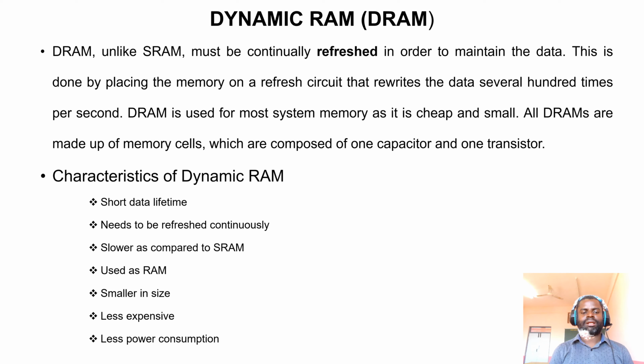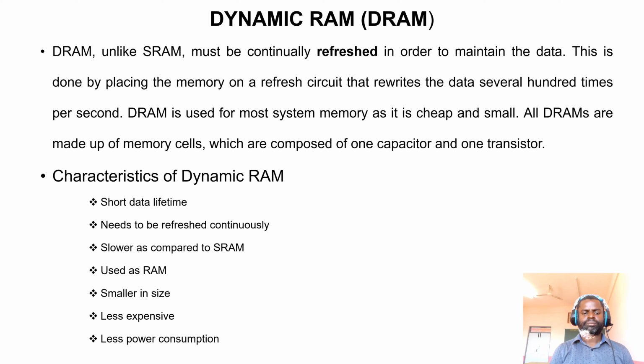So below are the features of dynamic RAM. Short data lifetime. Then the next one is that it needs to be refreshed continually. To retain the data, we have to keep the dynamic RAM refreshed continually. Slower as compared to SRAM.